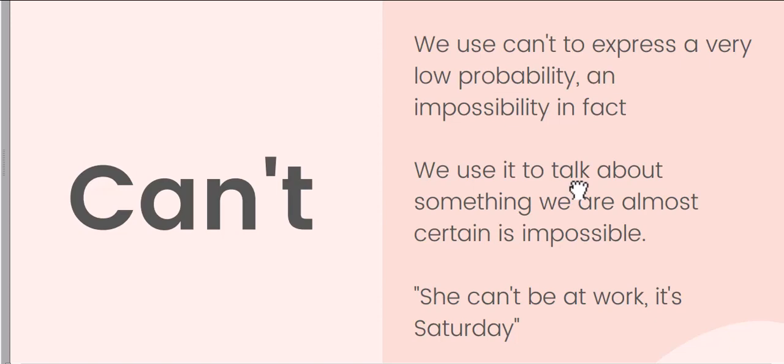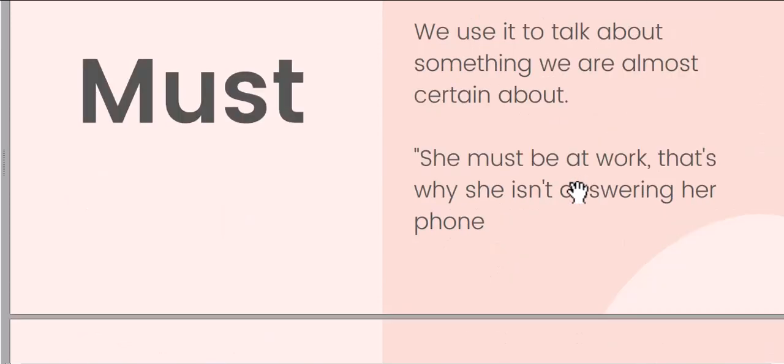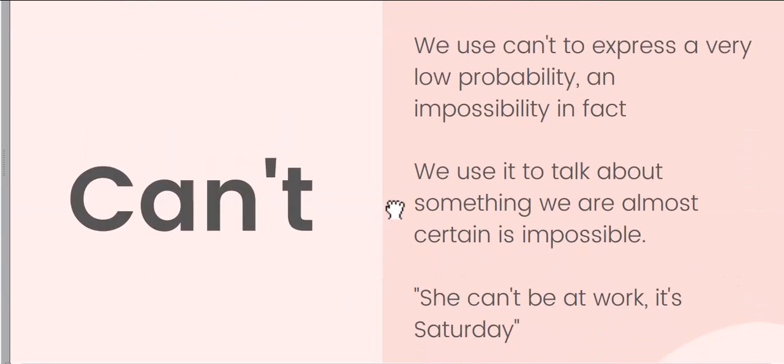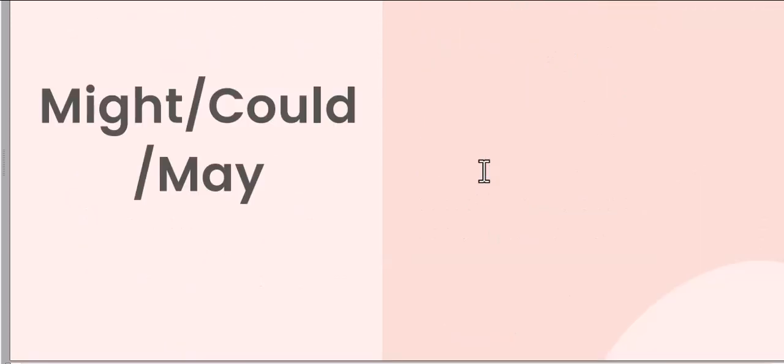Let me tell you something a foreign teacher taught me. With must, you can't say mustn't in the negative form for deduction. So we use can't. This is the negative form of must. So can't or cannot is the negative of must.